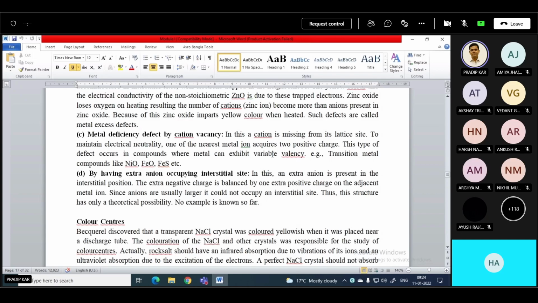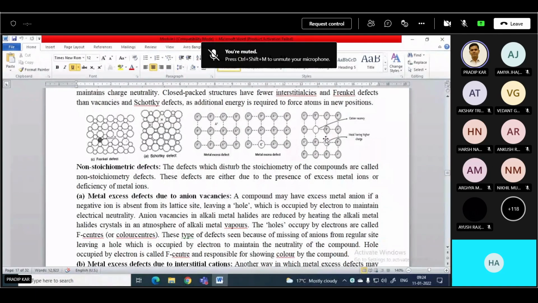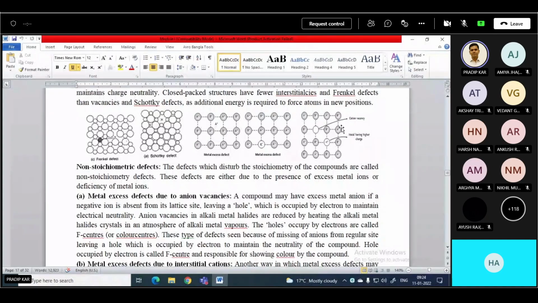When a cation is missing, 1 positive charge is missing, but this positive charge is compensated by the nearby cation. So this cation is vacant and this cation is having 2 plus charge. Instead of 1 plus, it is giving 1 extra electron to maintain the electrical neutrality of that crystal structure, of that lattice.